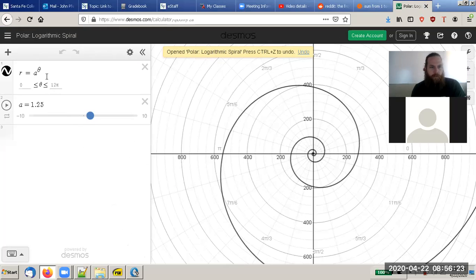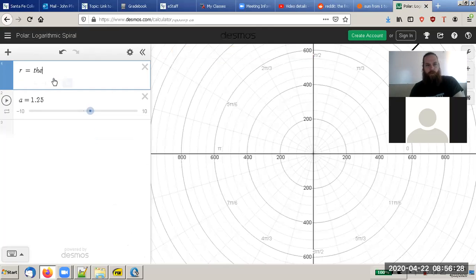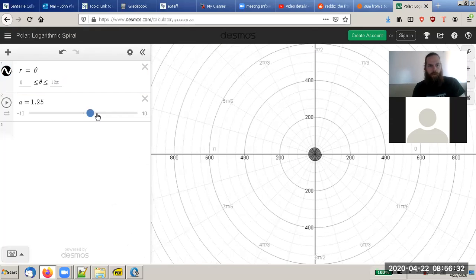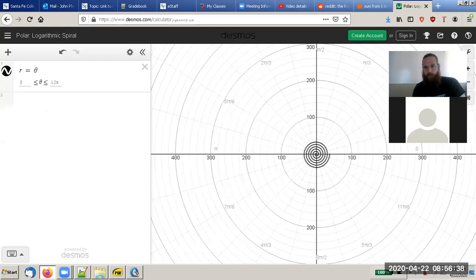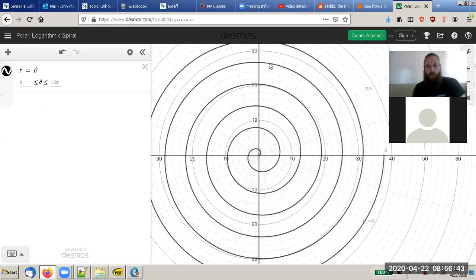So this is not what we're looking at. We're looking at just this. And if I zoom in here, let's see, I can get rid of that. Yeah, there it is. It's our good old friend, the Archimedean spiral.